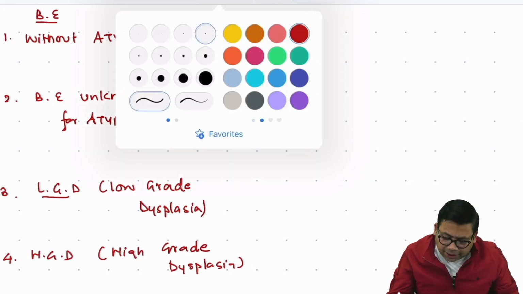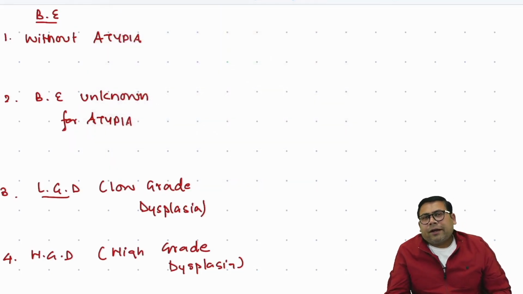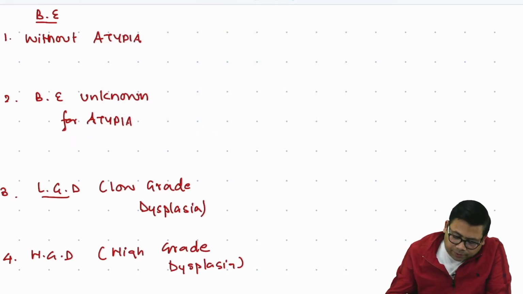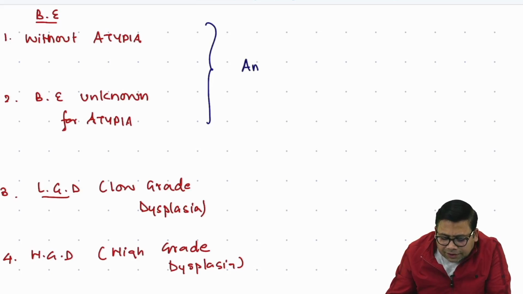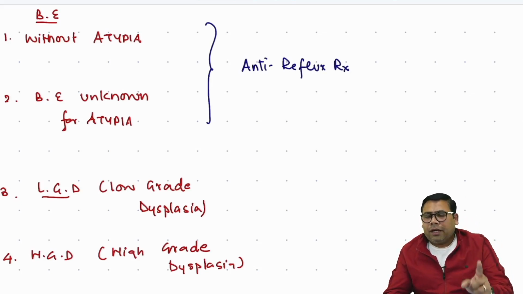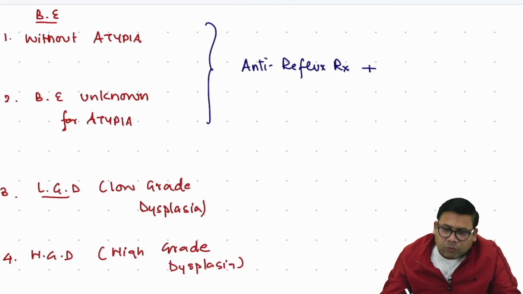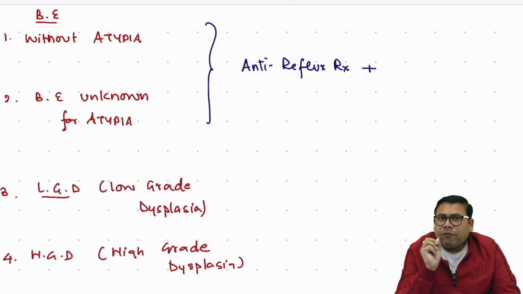Now try to understand, along with that, let us try to make out what is their management. So for Barrett's esophagus without atypia or unknown for atypia, you go for anti-reflux therapy. So PPIs, long-term PPIs. Along with that, you also need to understand that we need a follow-up.